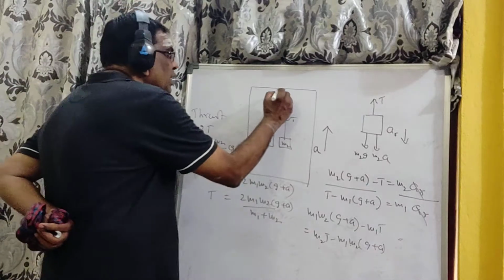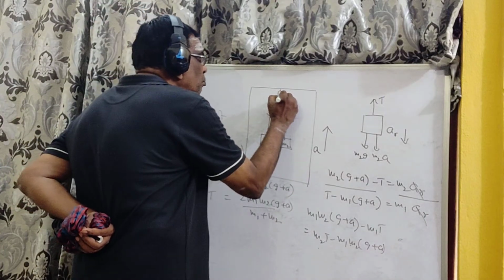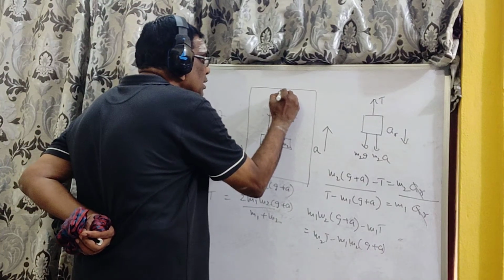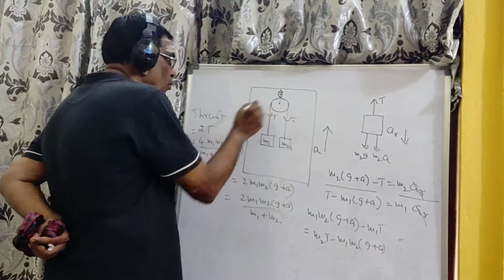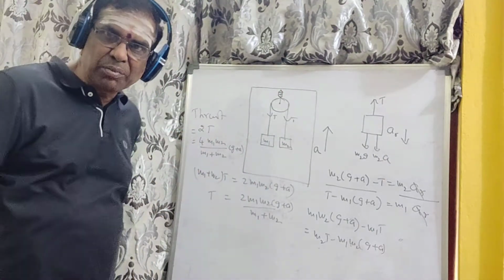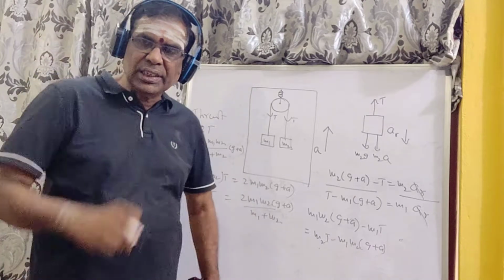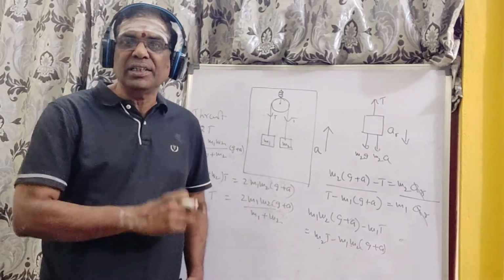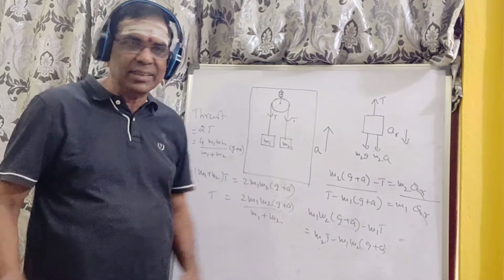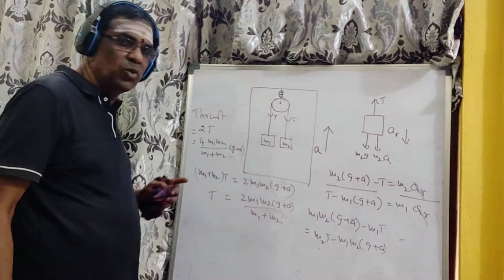Now, if I have a spring balance here, what is the reading of the spring balance? Remember, the spring balance always gives you the weight of the body, or the thrust on that. So what is the thrust here? So much.